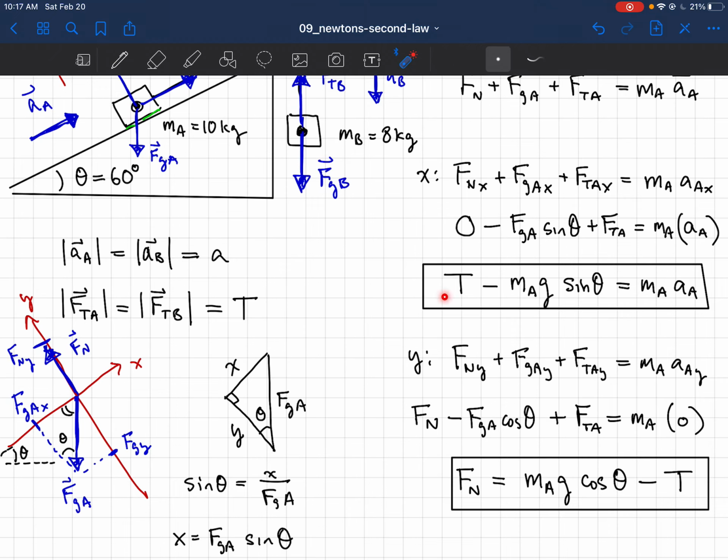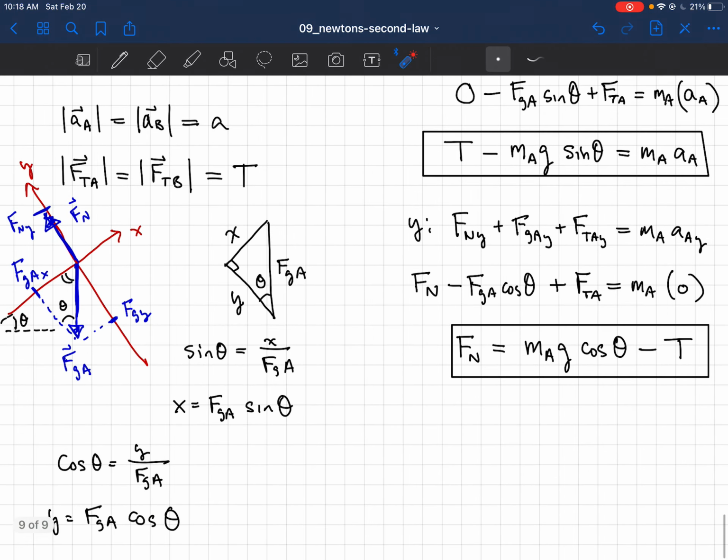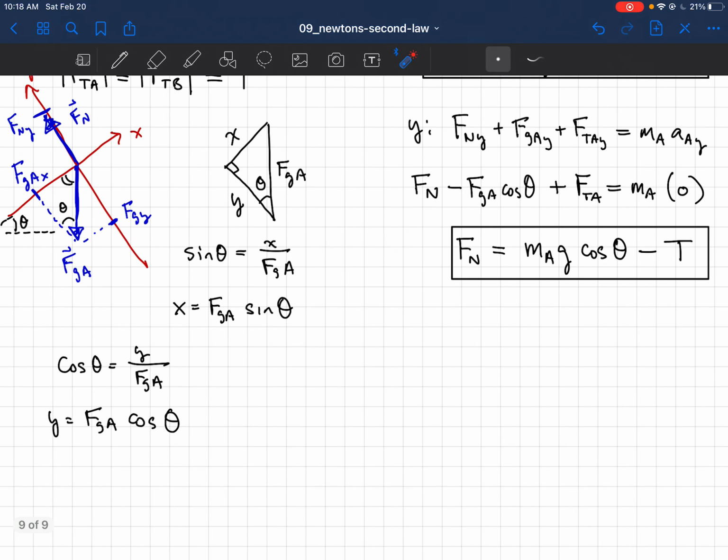I still think we're not ready to solve because remember we have an unknown tension, we have an unknown acceleration, we still have the unknown tension, but we also have an unknown normal force. So we're not done yet, but luckily we still have another object.